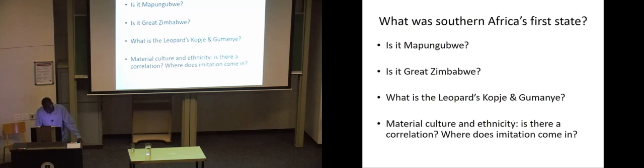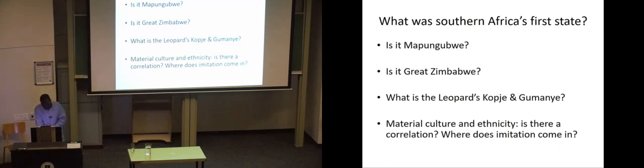What can we say about the relationship between material culture and ethnicity? Is there a correlation? What happens if different groups that are in contact decide to copy each other? Does that make them the same group, because the designs on their material culture are the same? Very often in anthropology or archaeology, we make that mistake.